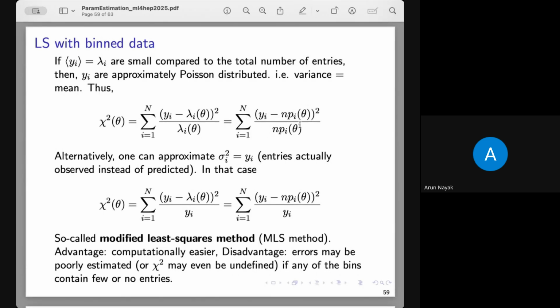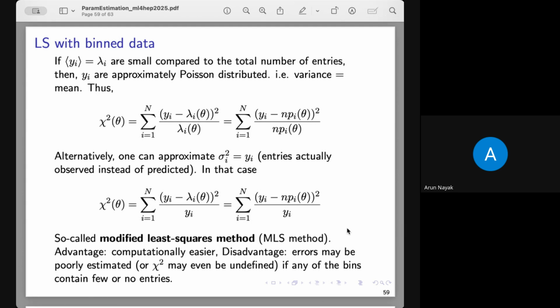Alternatively, if this takes more computing time, one can approximate sigma squared simply as the number of events that entered the bin. That means you are using the actual observed entries instead of the predicted ones, so the denominator is yi instead of lambda i. That is called the modified least square method.